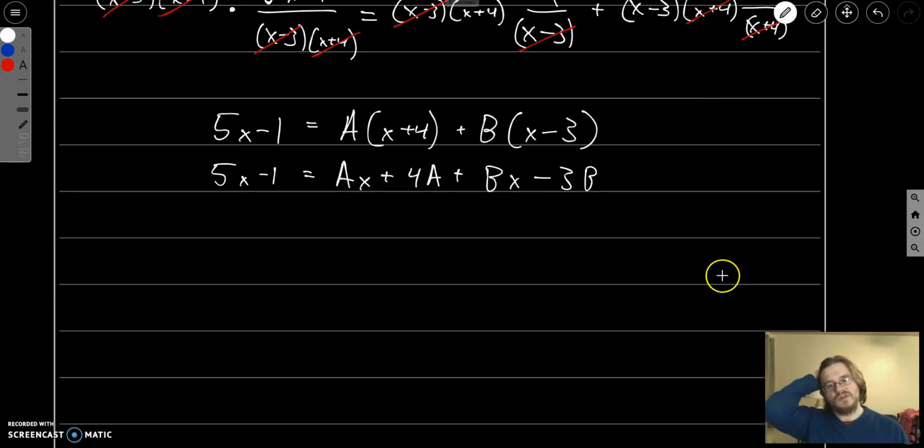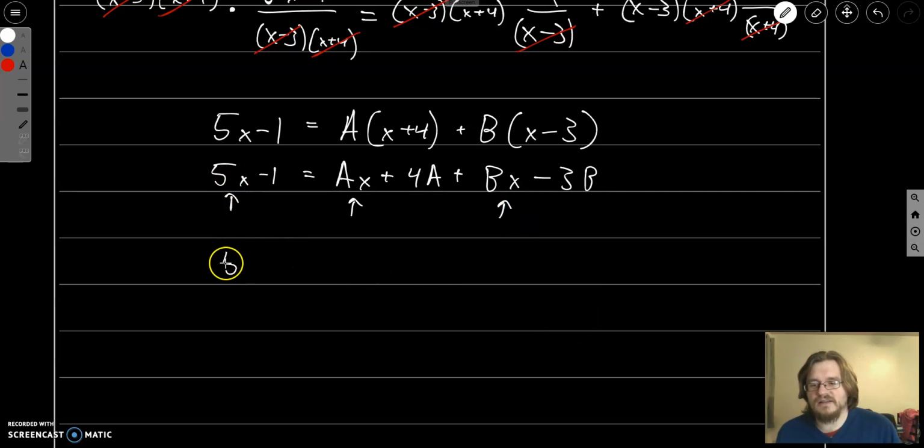And what we'll notice is that I have some x's on both sides of the equation, and I have some numbers without x's on both sides of the equation. And the way this works is that the equation has to be balanced. If I have 5x over here, all of the x terms on this side have to add up to 5x as well.